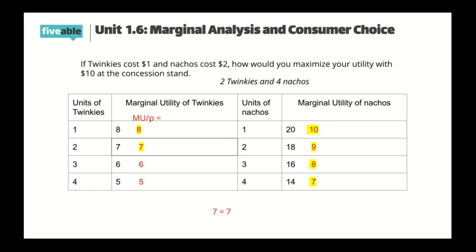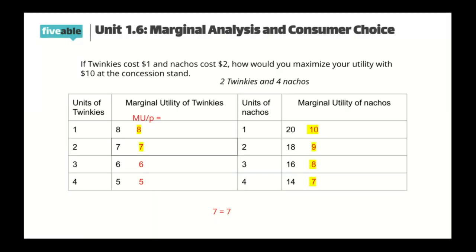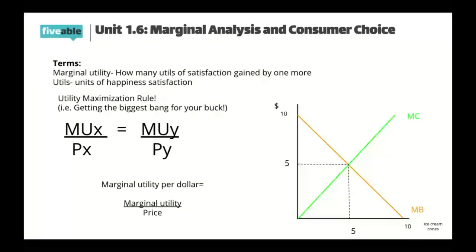Now, here's the cool thing. Notice how it ended with 7s. For Twinkies, it ended with the same marginal utility per dollar as it does for the nachos. And this is why we go back to the utility maximization rule.